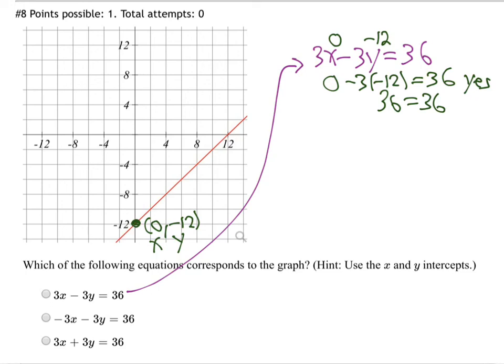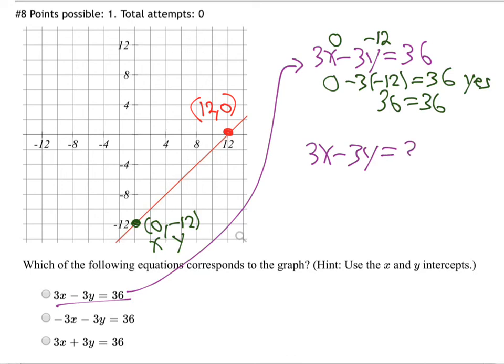Okay, but what about the other point? There's a second point. There's this one. What's the coordinates of that point? It's got to make them both true. 12, 0, right? Over 12, up 0. So now take the same equation again. We're still wondering if this first one is the answer.